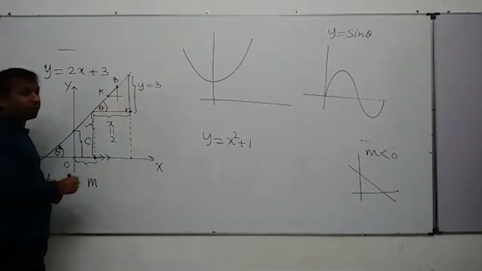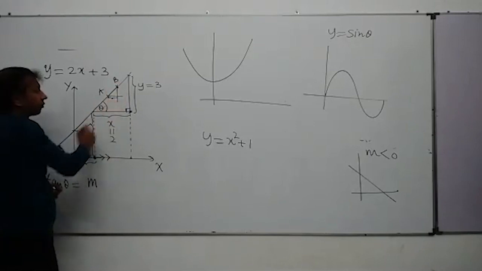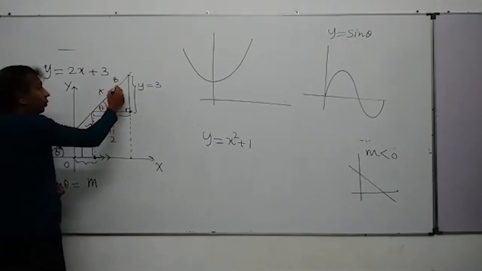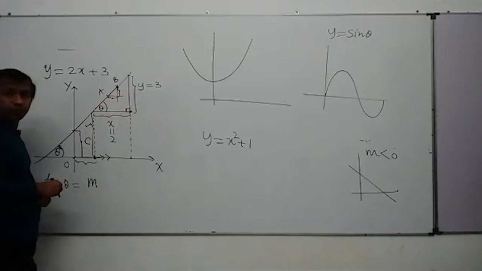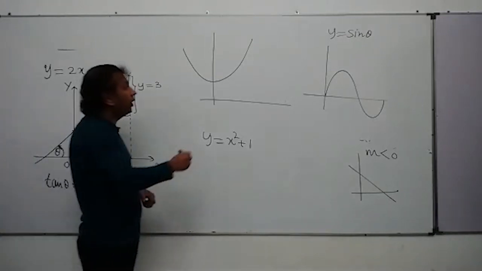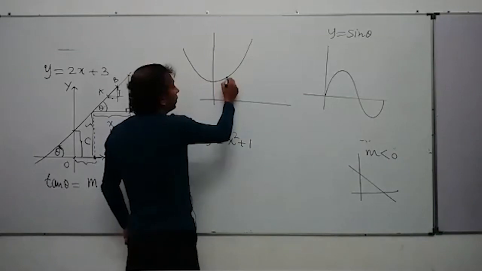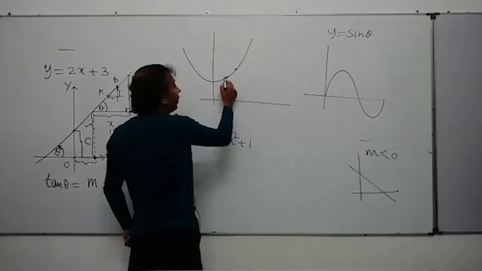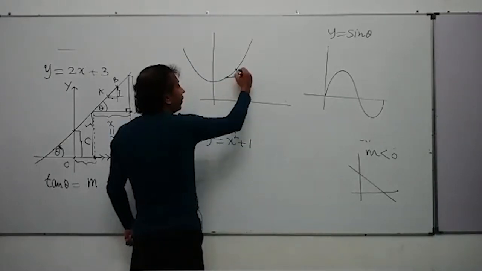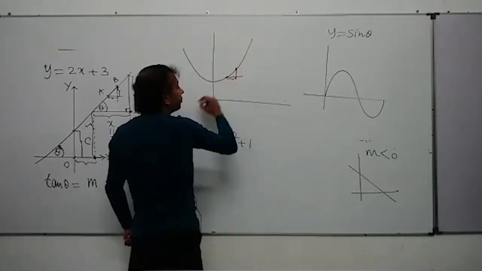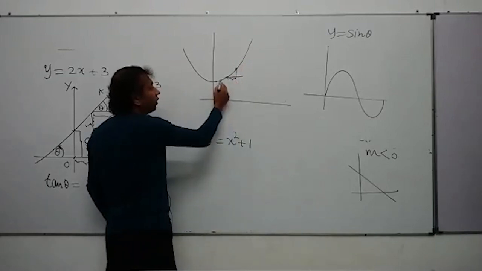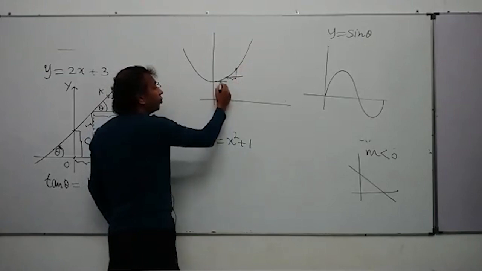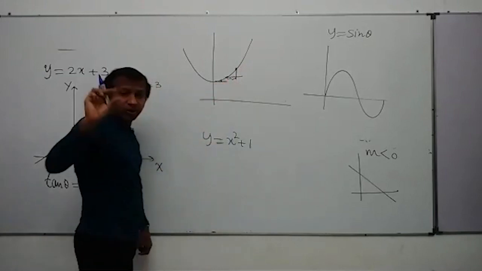The distance moved to the right is this, and the distance moved upward is this. If I consider these two points and move from here to here, you can see right and upward this way. If I move somewhere here, from here to here, you can see the upward movement is a very small value.